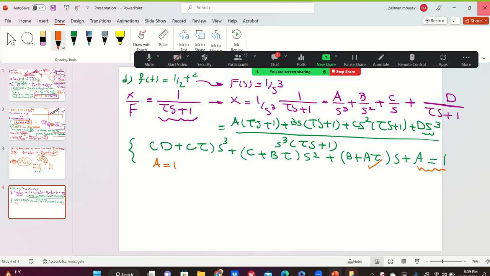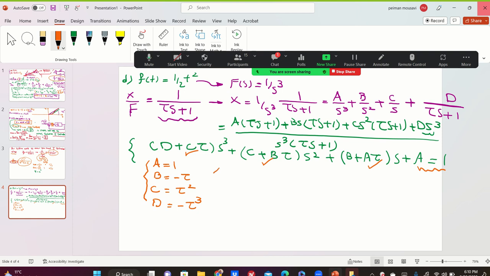If you put it here, you get B equals minus tau. If you put it here, you get C equal to tau squared. If you put it here, you get D equal to minus tau cubed. Bingo. Everybody agree? Good.